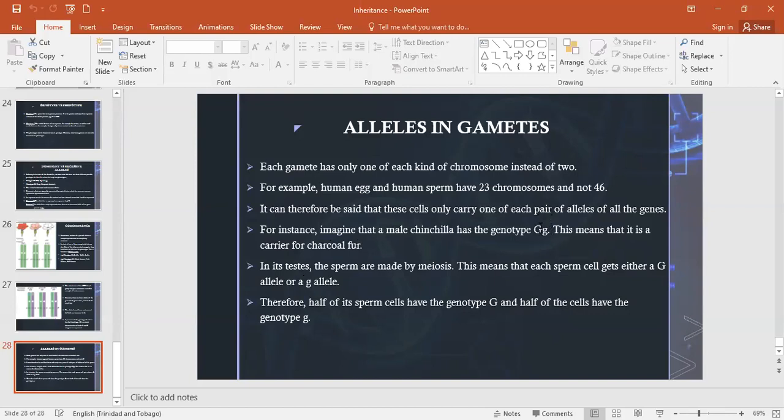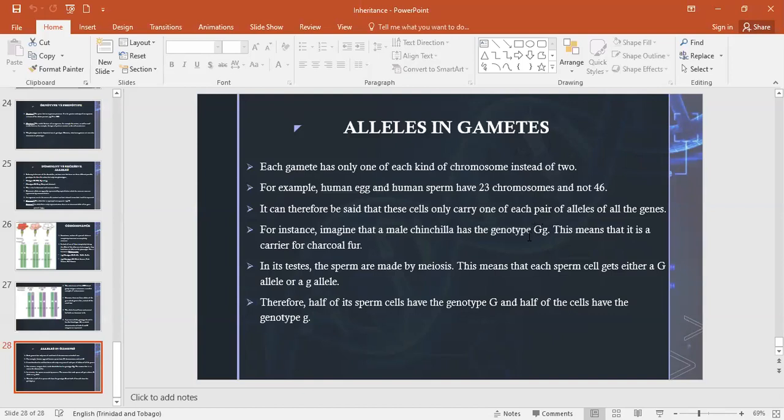It wouldn't get both. So when the sperm mixes with the egg, it could either be the sperm that has the gray dominant allele mixing with the egg, or the sperm that has the recessive gene for charcoal fur mixing with the egg. So it's either or. This is why it's a lottery system.